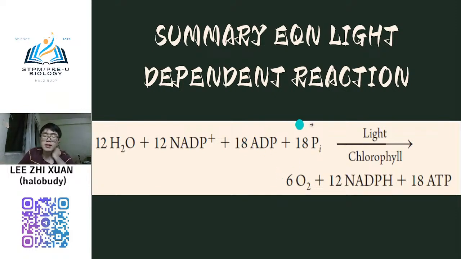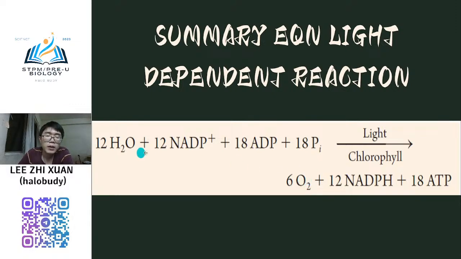This is the summary equation of the light dependent reaction. Photosynthesis involves water. The overall equation for photosynthesis is water molecule and carbon dioxide producing oxygen and glucose molecule.